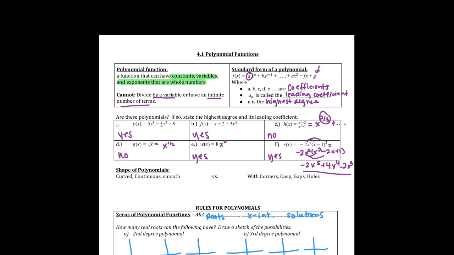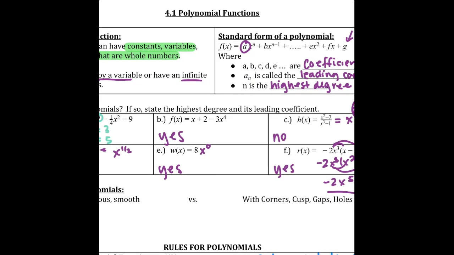All right, so the degree of the first, of a, so the degree n is equal to 3, and the leading term a is equal to 5. The second, it's out of order, but we're going to look at the highest degree. So n is equal to 4, and the leading term a is equal to negative 3.